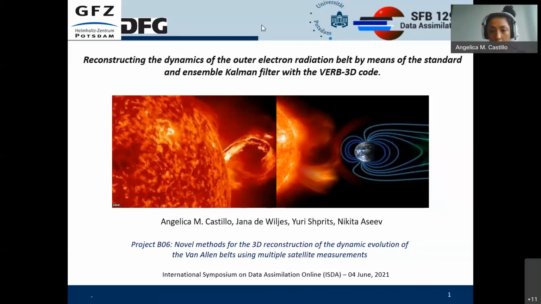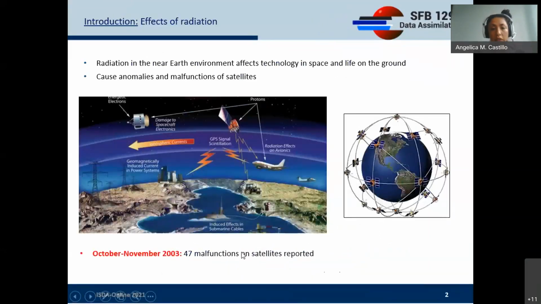So let me give you a little bit of background of what we do. We are basically interested in studying the electron dynamics, the particle dynamics that generate radiation in the near-Earth environment, because they have a great effect on our technology in space, but also on our life on Earth.